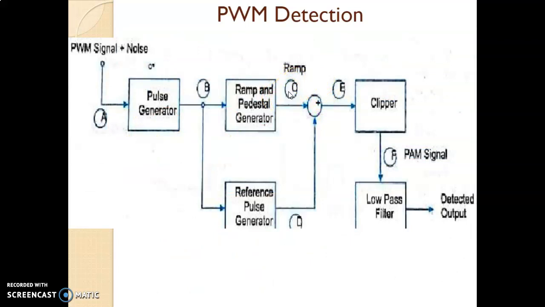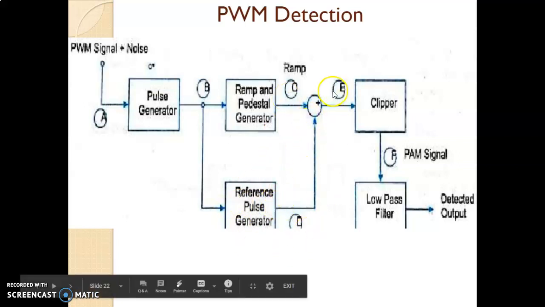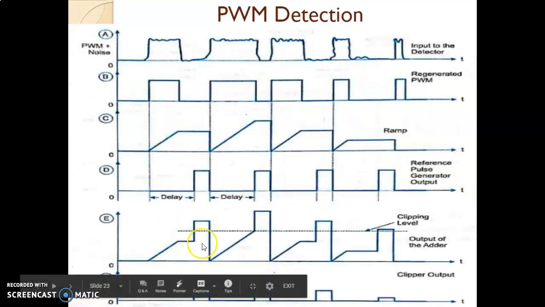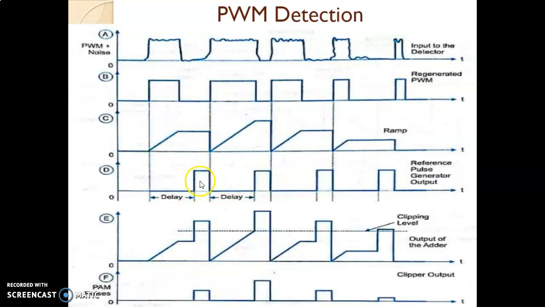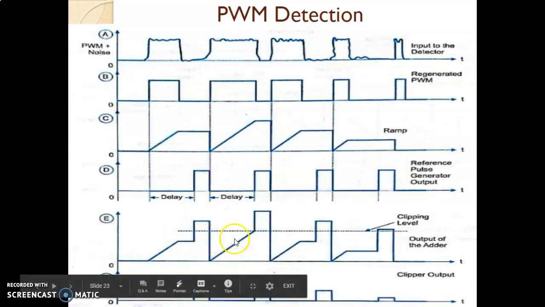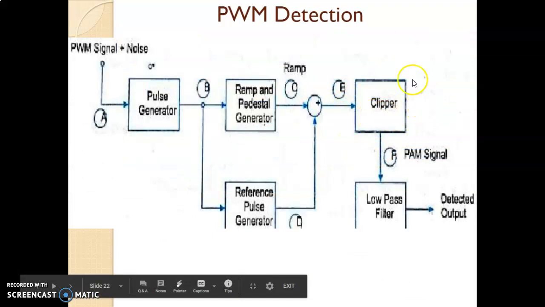Now what happens? The waveforms of point C, that is our ramp wave, and the reference wave, are both added, and that is the waveform at point E. So at point E, you can see this is the addition of waveform C and waveform D. Waveform D will be riding above waveform C, and you will get a waveform like this. Then this waveform is given to a clipper.